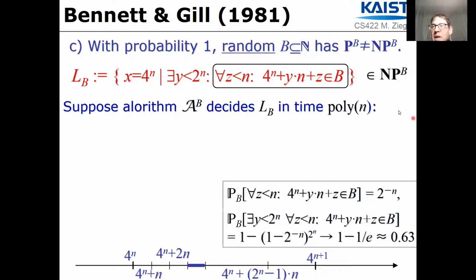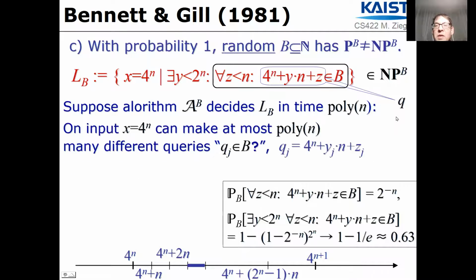So we make a proof by contradiction. The algorithm will of course use the oracle B, make oracle calls. By hypothesis, the algorithm we consider is an arbitrary algorithm, right? This is the key to complexity theory, arguing about any possible algorithm.